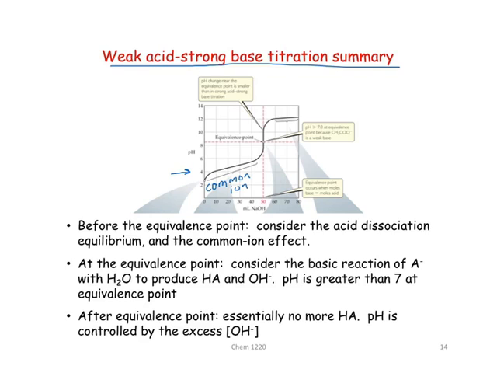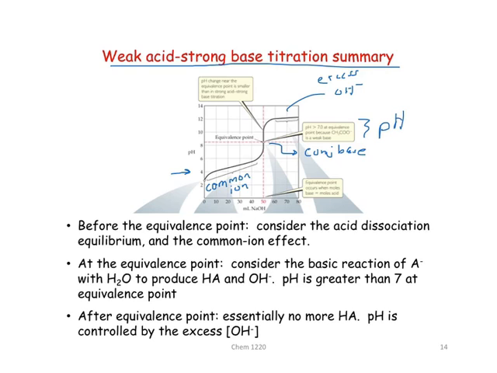When we get to the equivalence point, we have to calculate the pH from the conjugate base, from the equilibrium that is present with the conjugate base. And then, like we said up here, we calculate the pH from the excess hydroxide.